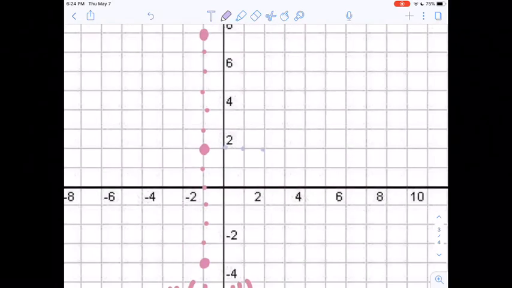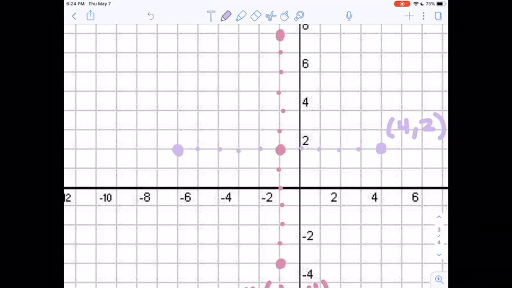So 1, 2, 3, 4, 5. There's 1 point. 1, 2, 3, 4, 5. There's my other point. Now let's label these. This is 4, 2. And this is negative 6, positive 2.